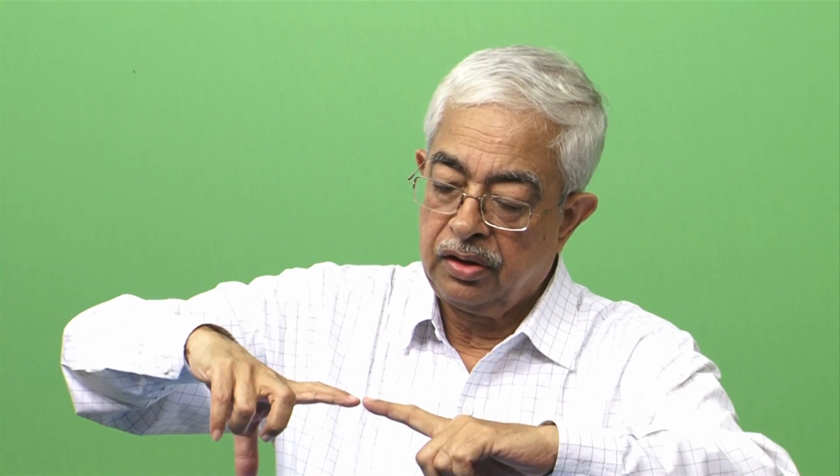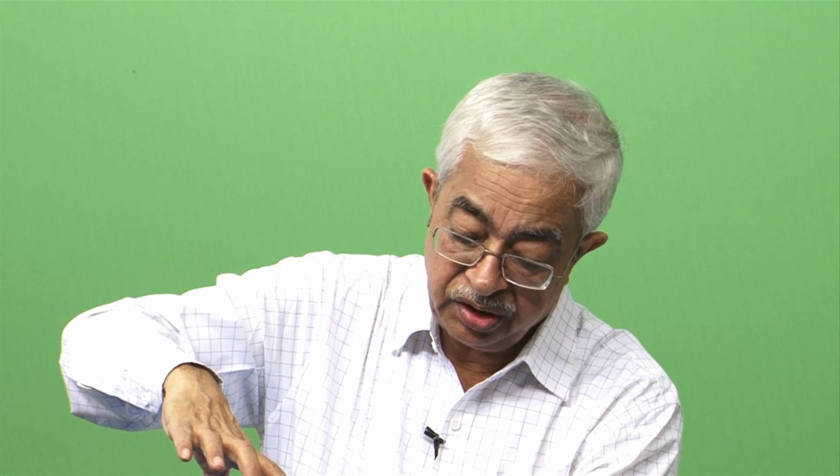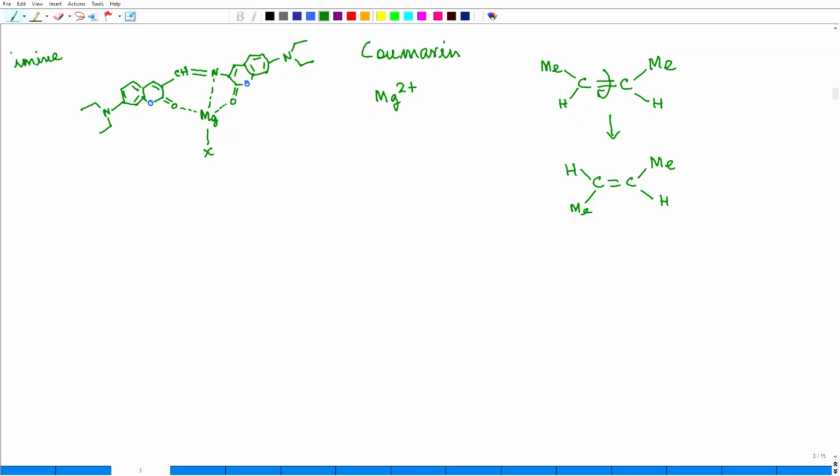If this wants to rotate, suppose this is rotating, this is stable, this is not, but this is rotating. Then what will happen? This oxygen and this oxygen have to go up, but if it is bound to metal, then it cannot go. That means rotational degrees of freedom are checked by magnesium.